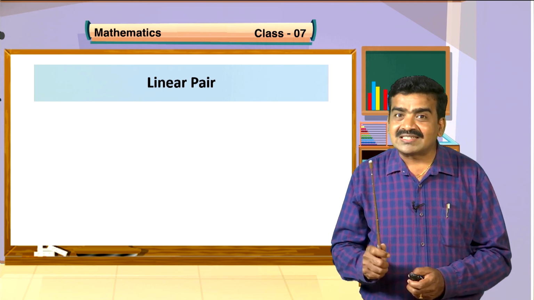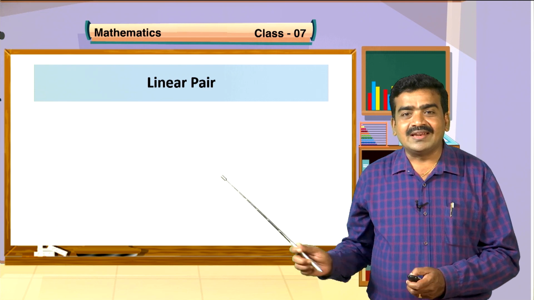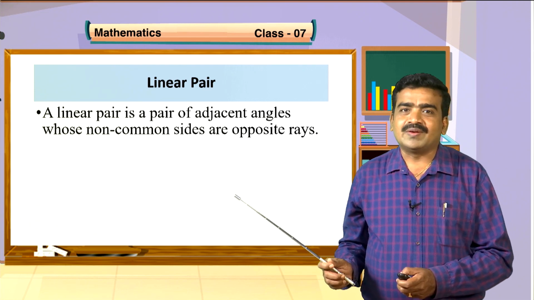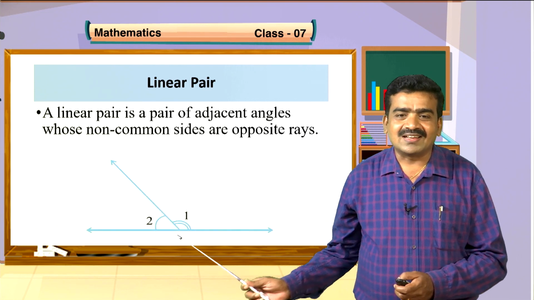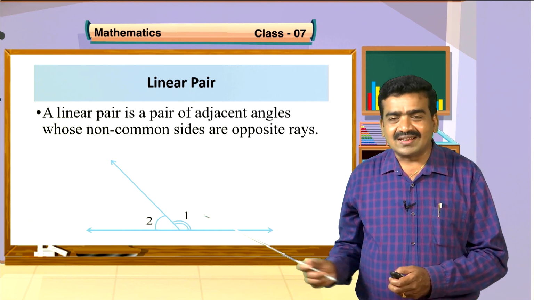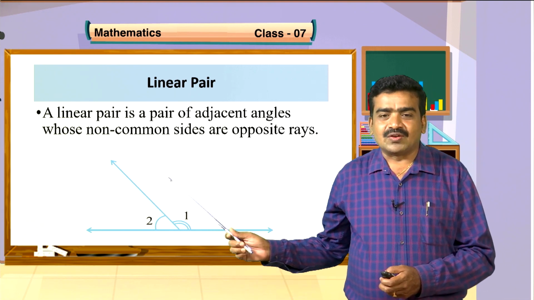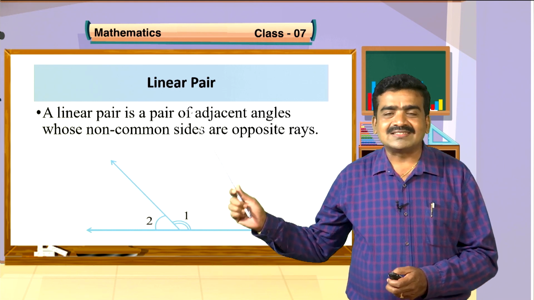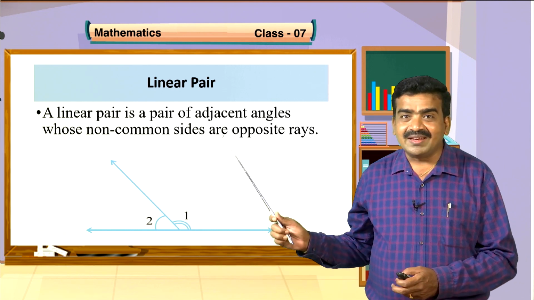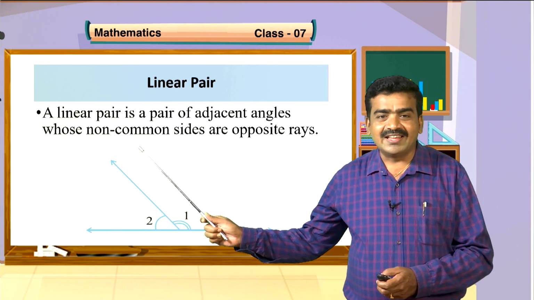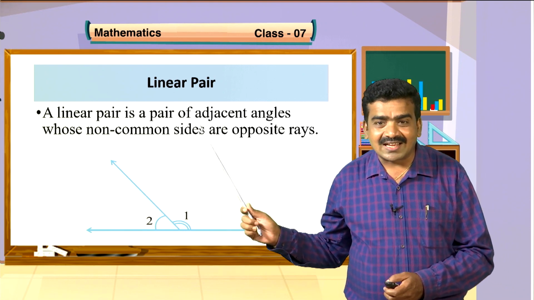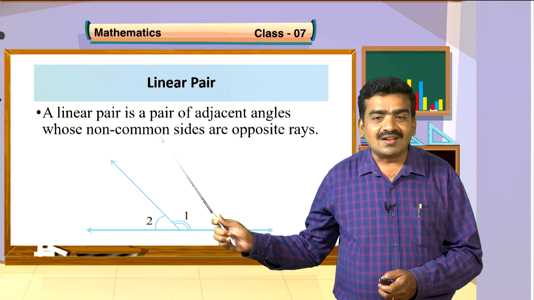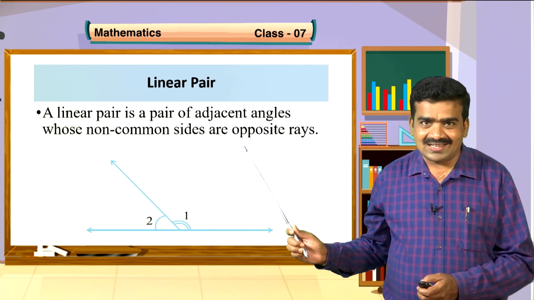But just like adjacent angles, in case of linear pair also, we can see a common vertex and a common side. Here in this case, you can see angle 1 and angle 2 are called a linear pair. A linear pair is a pair of adjacent angles whose non-common sides are opposite rays.